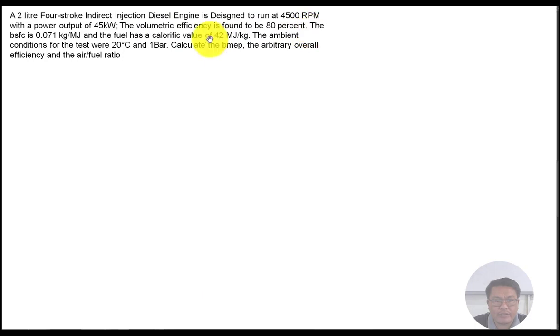The brake specific fuel consumption is 0.071 kilogram per megajoule, and the fuel has a calorific value of 42 megajoule. The ambient conditions for the test were 20 degrees Celsius and 1 bar. So calculate the brake mean effective pressure, the overall efficiency, and the air-fuel ratio.